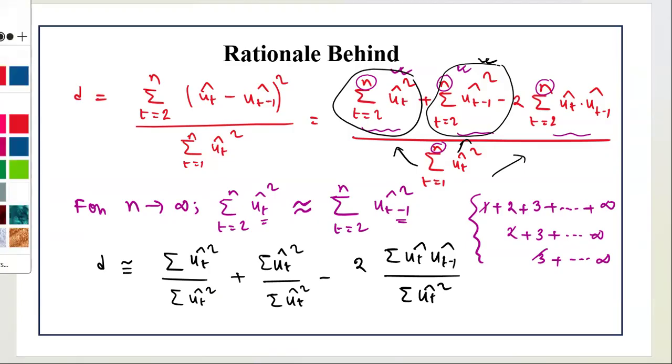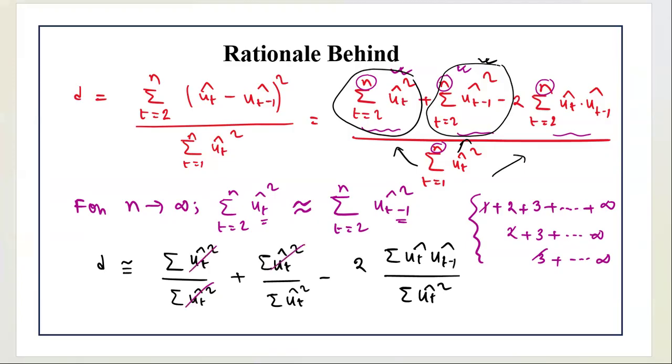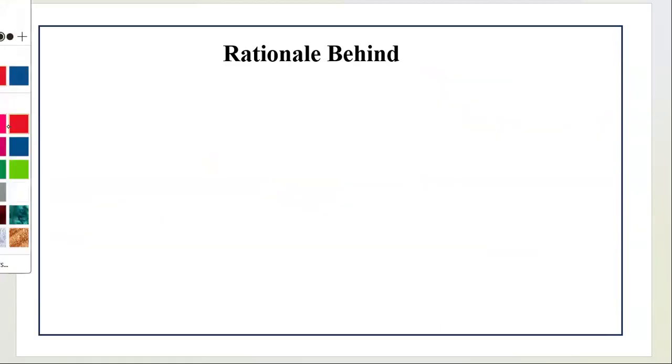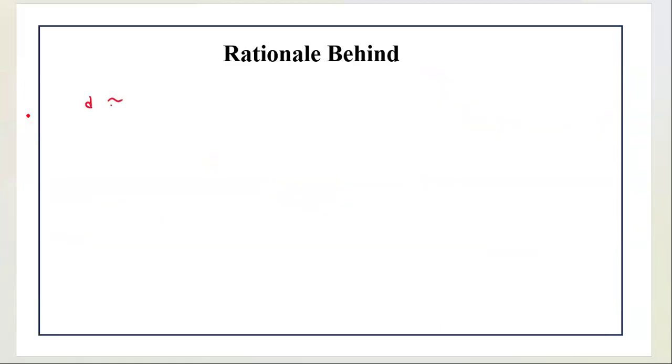This is what we have. Now, if you simplify, you will see these terms will vanish. So this will be 1 and this will be 1. So 1 plus 1, you have 2, and then you have the rest of the terms. Let me write it here. So the value of the statistic will be 2 minus 2 times summation ut cap ut minus 1 cap upon summation ut cap square.